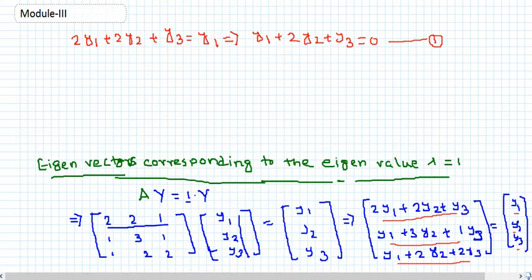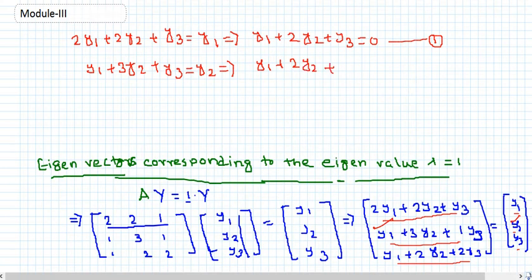Next, from this part, we get y1 plus 3y2 plus y3 equals y2. From there we get y1 plus 2y2 plus y3 equals 0. Let me write that as equation 2.